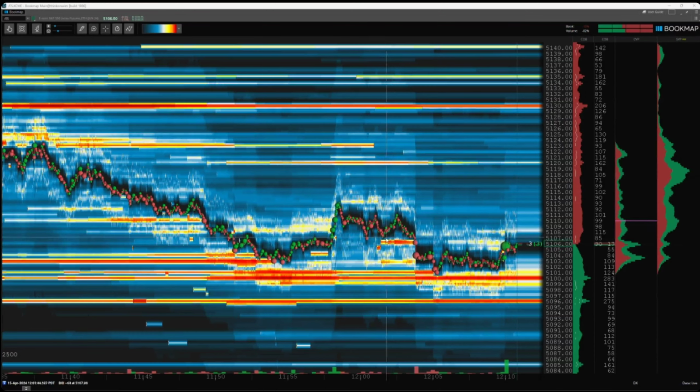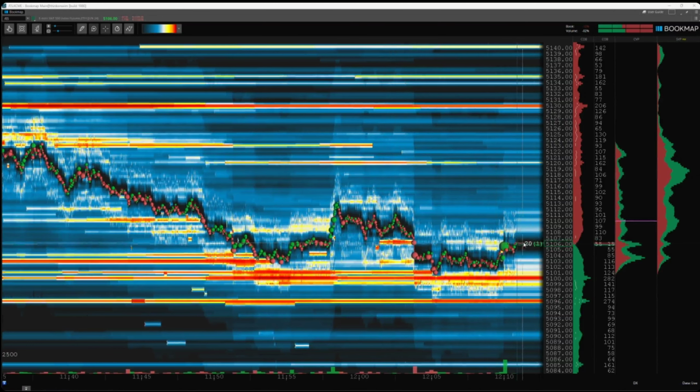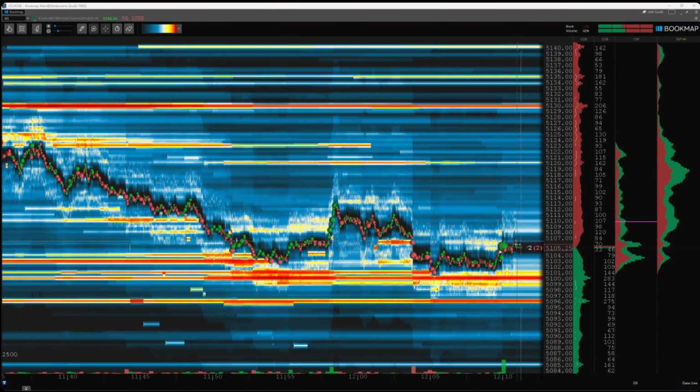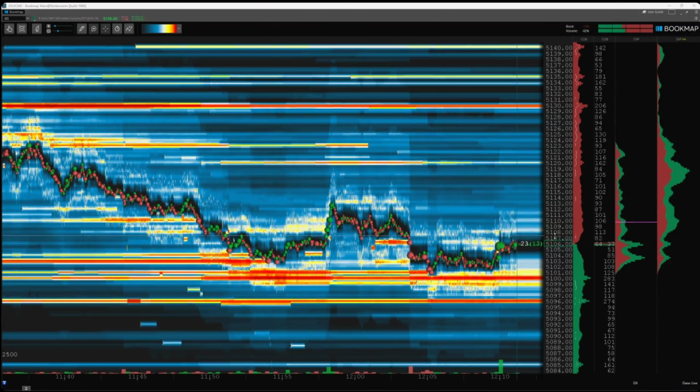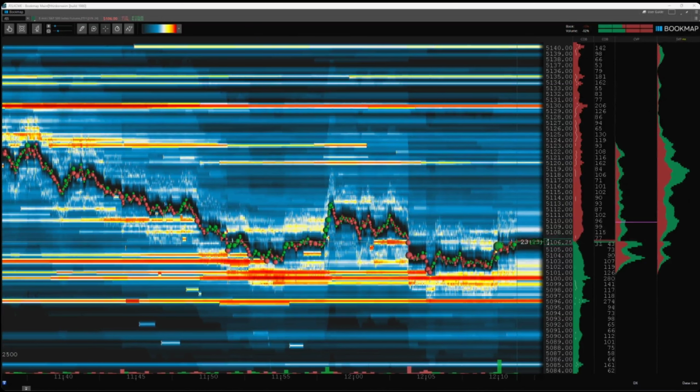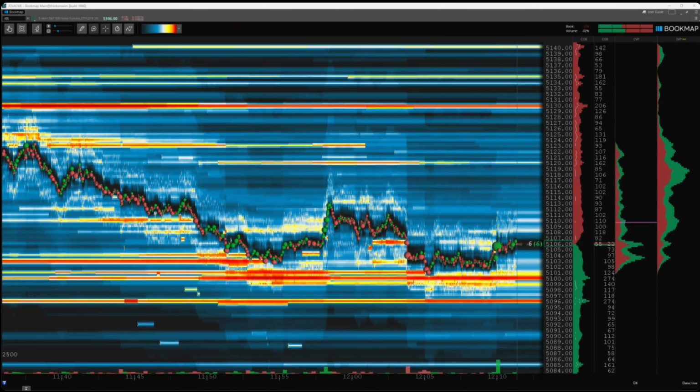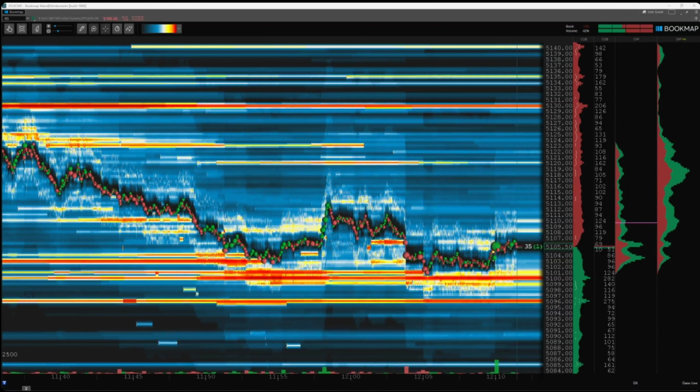Right here is another area where we pulled back to, so it makes sense to pull back here. As you can see, sellers are stepping in, or look, they just faked it, they spoofed it. 50-90 for SPX.